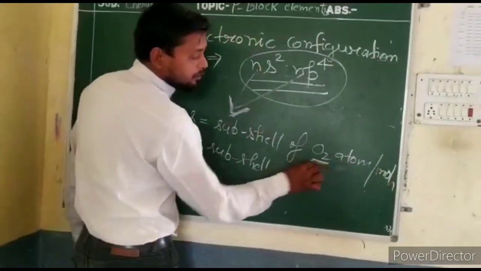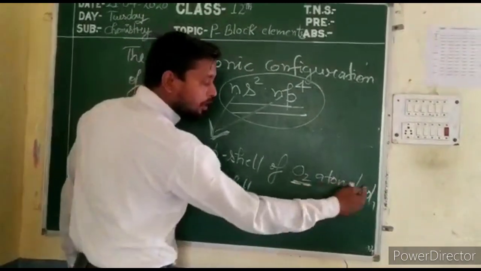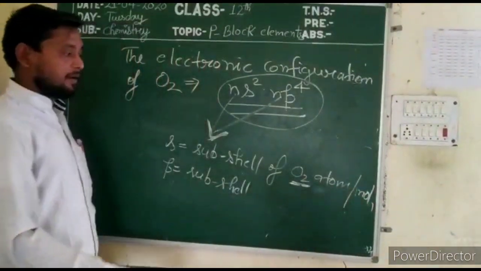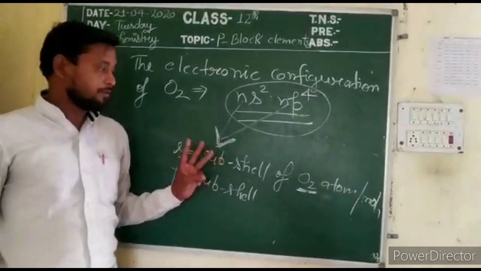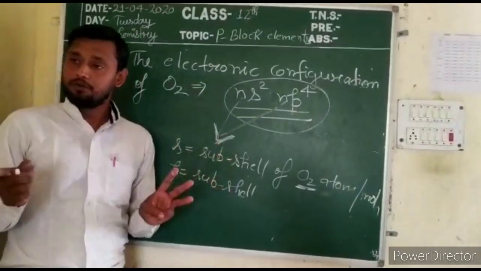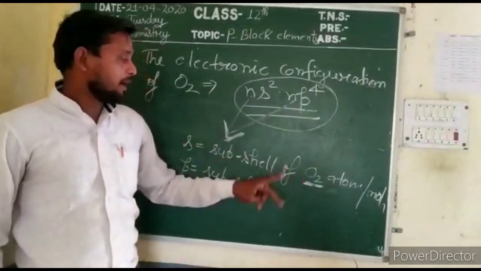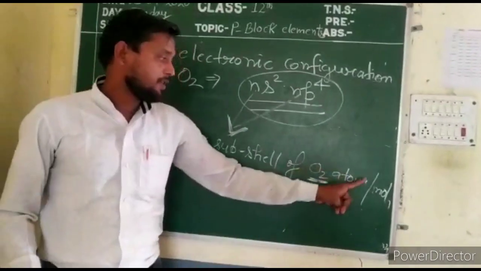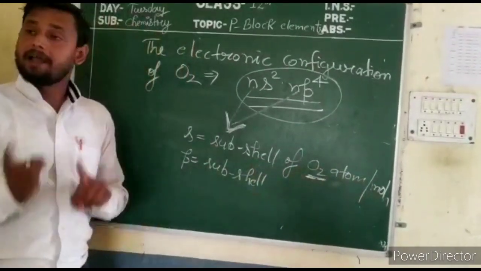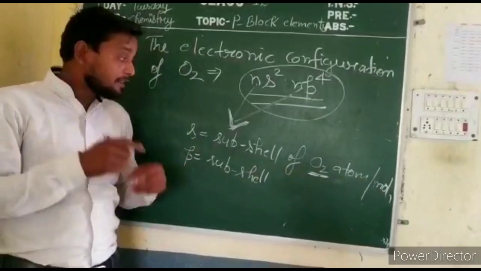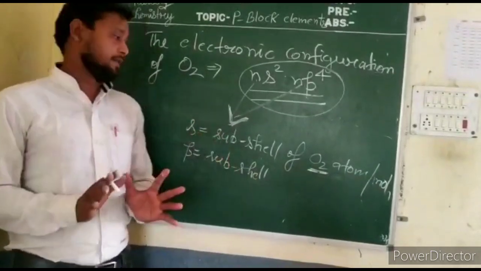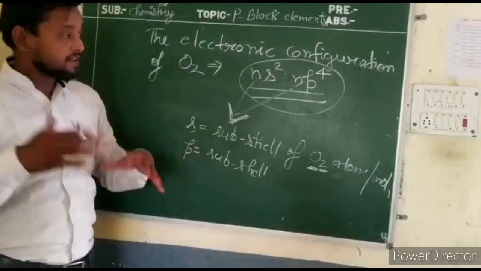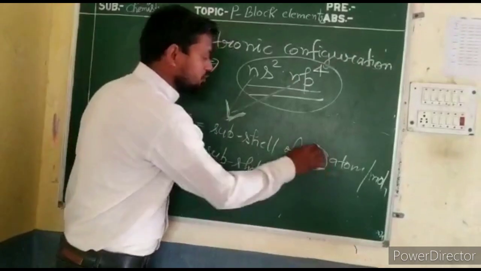Here we can say O2 as atom or molecule or ions. These are the most important things for you. O2 we can consider as atoms, molecules and ions. All three are the same kind, or same name, of O2.